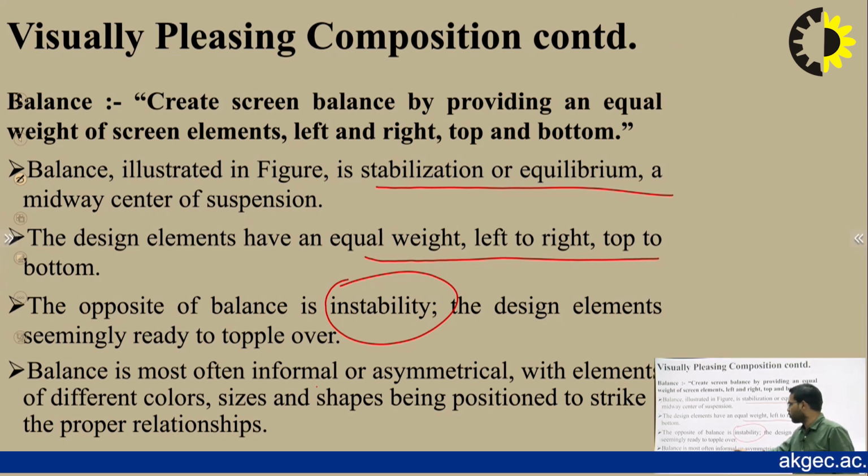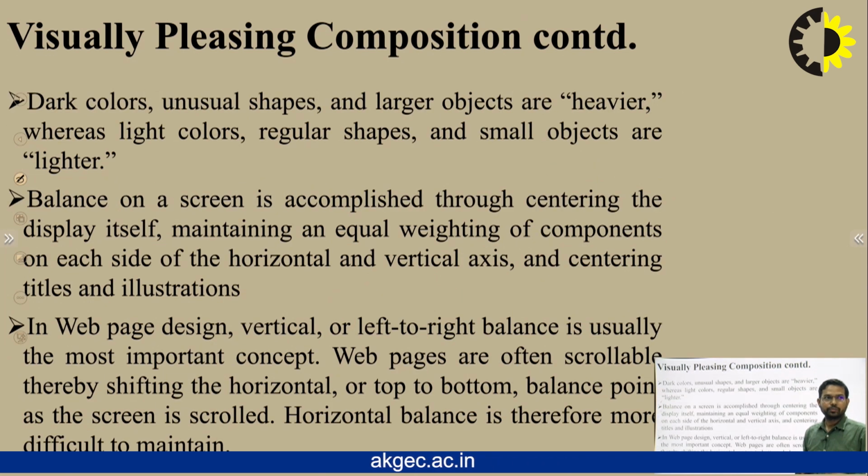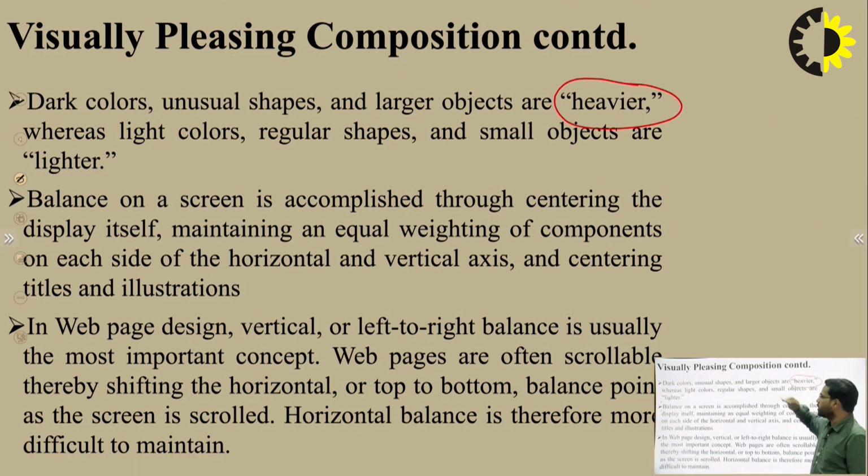Balance is most often informal or asymmetrical, with elements of different colors, sizes, and shapes being positioned to strike the proper relationship. For example, dark colors, unusual shapes, and larger objects are heavier, and these are not good from the eyes' point of view. Whereas light colors, regular shapes, and small objects are lighter.